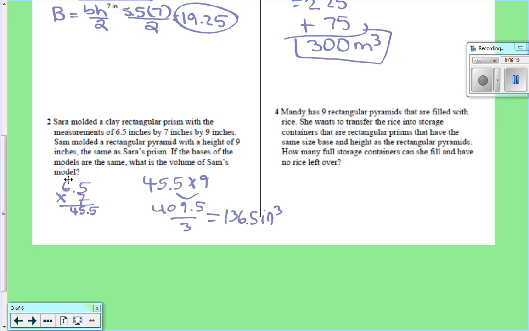Number 4. Mandy has 9 rectangular pyramids that are filled with rice. She wants to transfer the rice into storage containers that are rectangular prisms that have the same size base and height as the rectangular pyramids. How many full storage containers can she fill and have no rice left over?